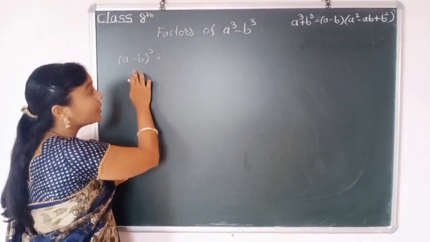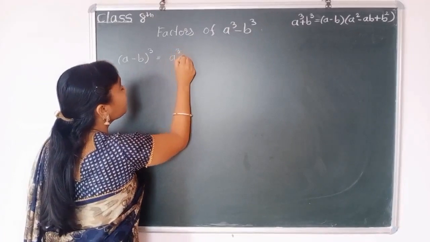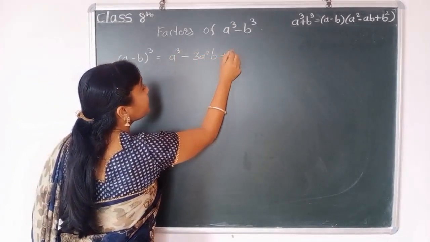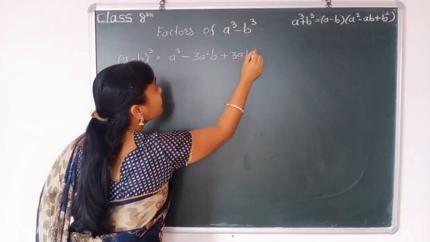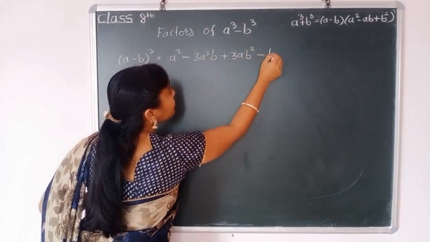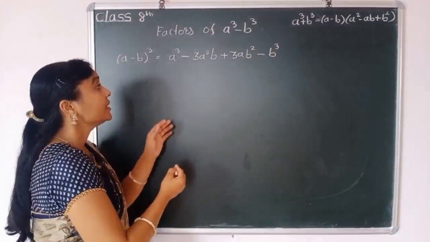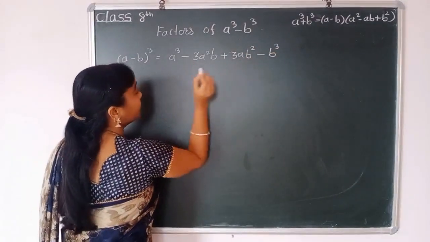We know this formula: a cube minus 3a square b plus 3ab square minus b cube. Now in this we take 3ab common.